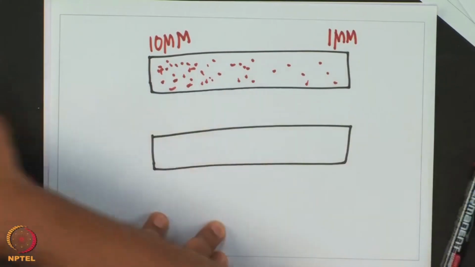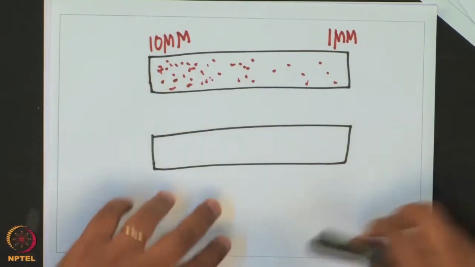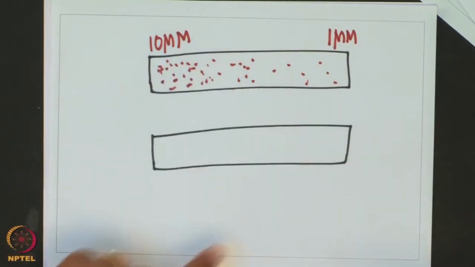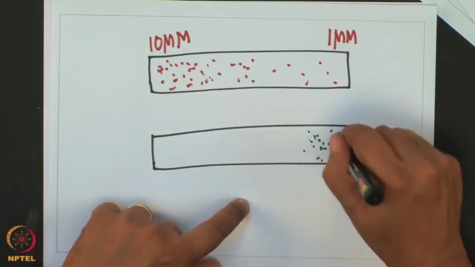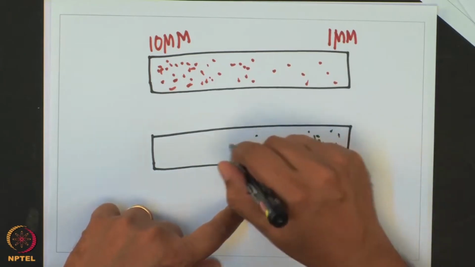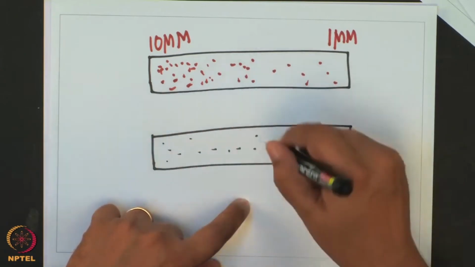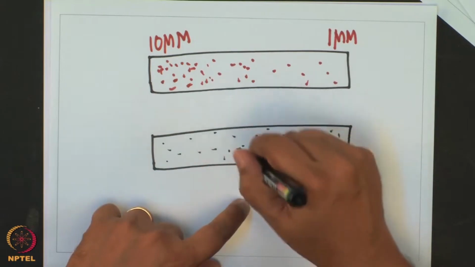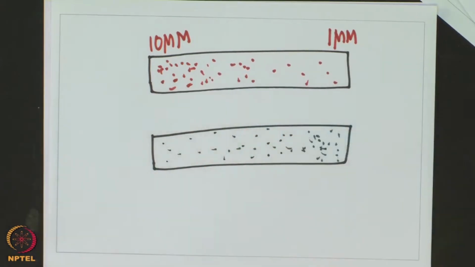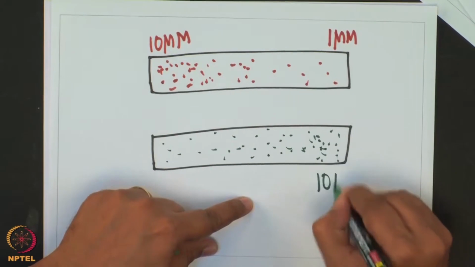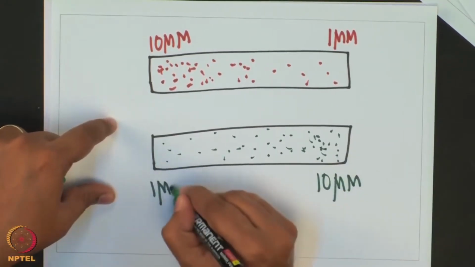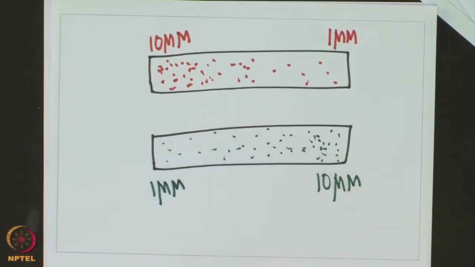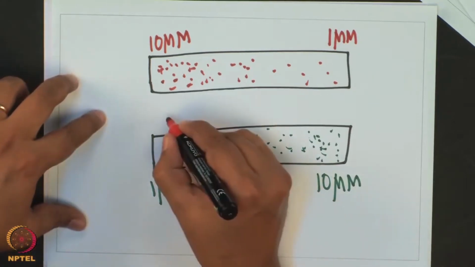And let us think of the opposite, which is very high concentration here, and as I go along, little here. So here, this is 10 micromolar and 1 micromolar.